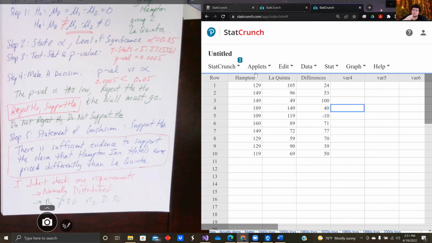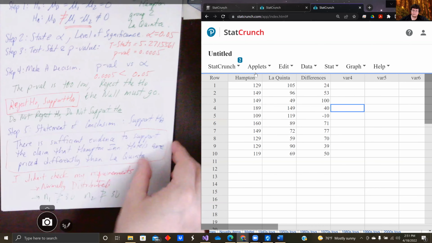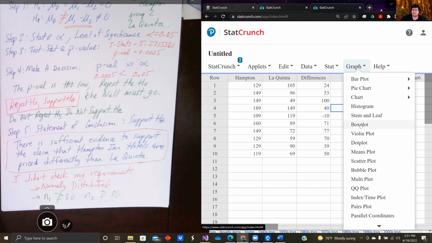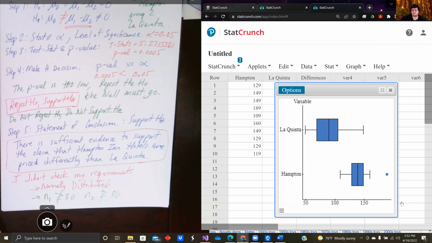So I got to go through and do a couple other things. One of them was the QQ plot, and the other was a box plot. Box plot's at the top of the list. I'll start there. I'll do each of these. I will draw boxes horizontally. And Hampton Inn had an outlier. Look at that.